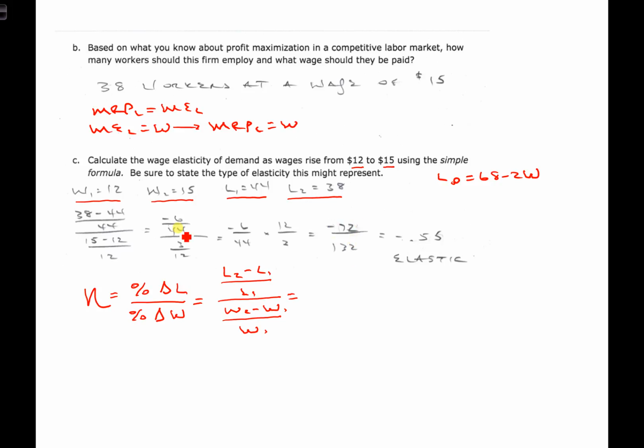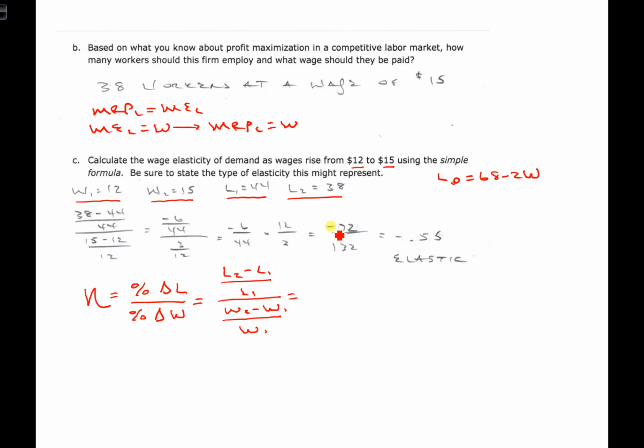And you might recall from the video modules on this that I also prefer, rather than do this complex division of fractions, to go ahead and invert the denominator. So 3 over 12 becomes 12 over 3, and I can multiply them so that I have negative 6 times 12, which is negative 72, and then 44 times 3, which is 132.